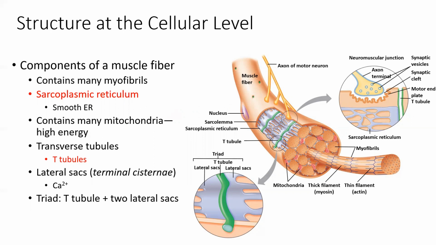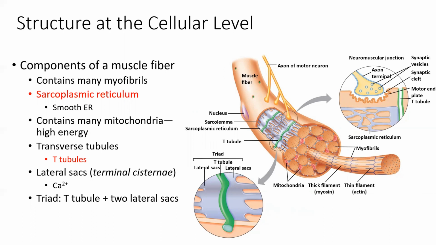The lateral sacs, also called terminal cisternae, are how we can communicate that calcium from the sarcoplasmic reticulum into these spaces where it can be used for muscle contraction. So we'll talk about this region here called a triad. The triad is where we have two terminal cisternae or two lateral sacs coming into contact with the T-tubule.